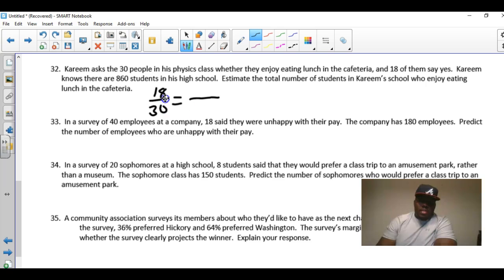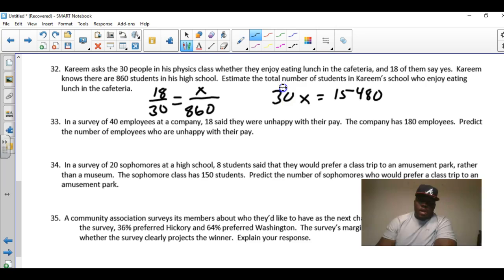We know this ratio, 18 to 30, is the sample, and we need to find the members of the student body who enjoy eating in the cafeteria. So we set up this proportion and cross multiply: 30 times x is 30x, and 18 times 860 is 15,480.